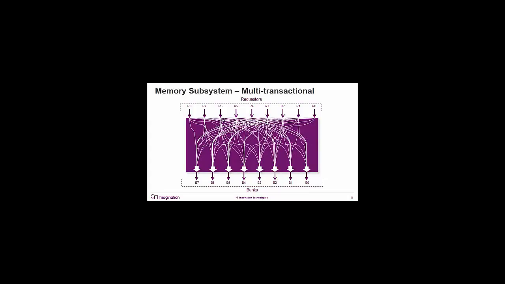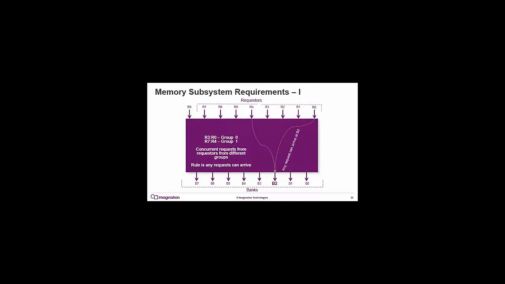It's an animation to say concurrently all of this could be in flight, multiple transactions originating. Now what is happening in this design is that R0 up to R3 are in one group, and R4 to R7 is another group. If requesters from different groups are competing for the same bank, anything is allowed. Any request can arrive, and there is no rule here. It depends on the latency of the previous transactions.